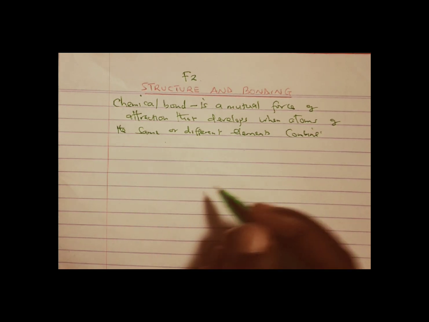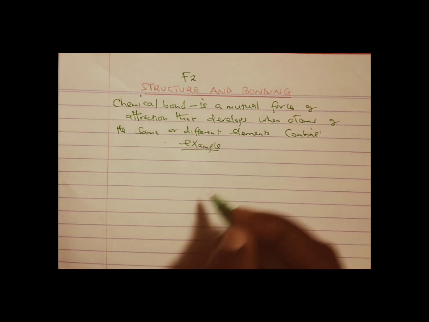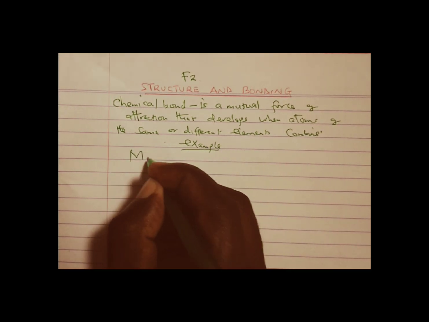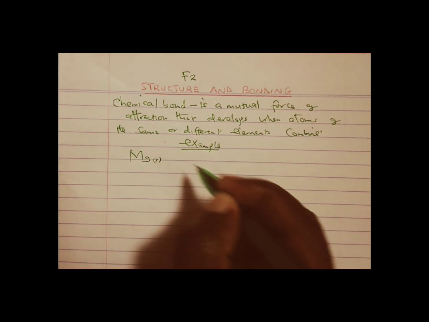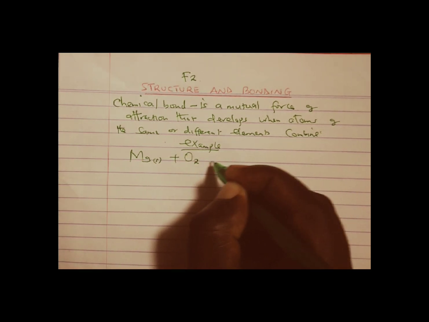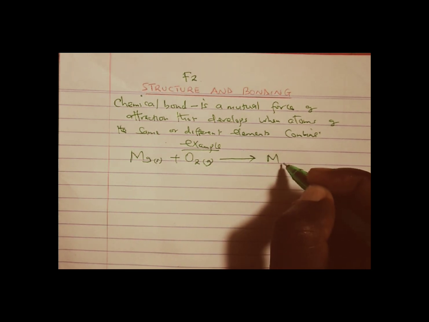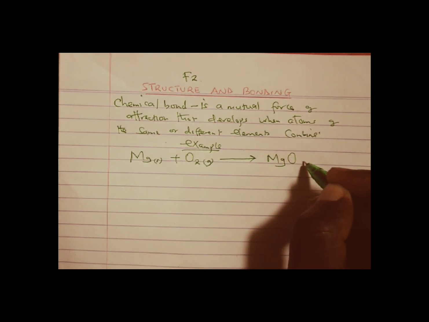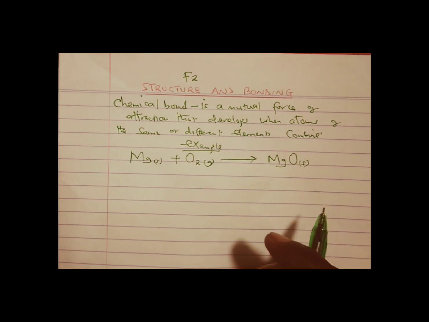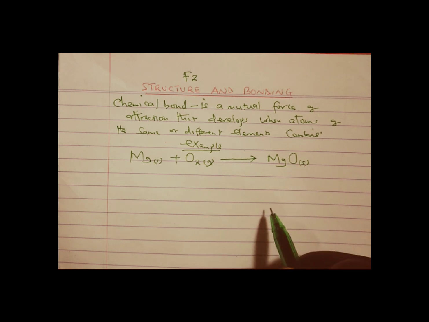For example, if we have an element like magnesium, which is a metal, combining with oxygen, the compound formed is magnesium oxide, which is a solid since metallic oxides are solids at room temperature.